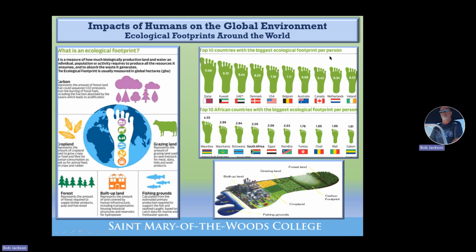So then if you take a look around the world, okay, the countries, it might surprise you, the countries that have the biggest ecological footprint per person. Okay, and you see Qatar and Kuwait, and the United Arab countries, and this is where Dubai is. Okay, realize these countries, they're pretty much a desert.